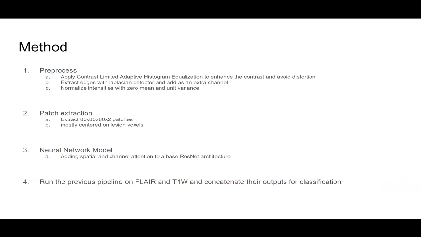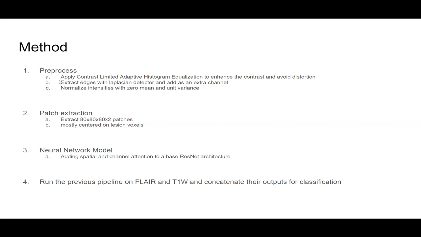Our method is based on 3 steps. One is the pre-processing step, in which we apply CLAHE, a contrast-limited adaptive histogram equalization method, which enhances the contrast and avoids distortion. This function is available in OpenCV for Python for enhancing contrast of images.